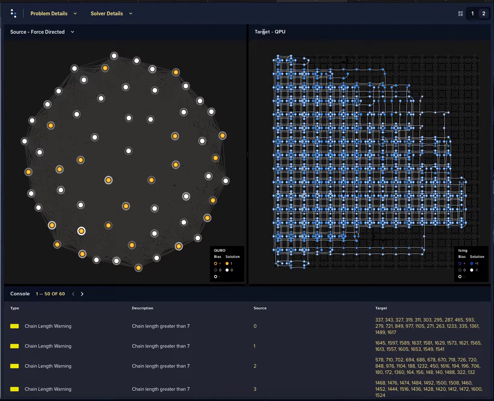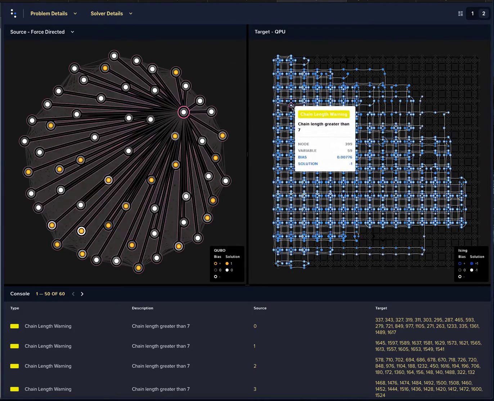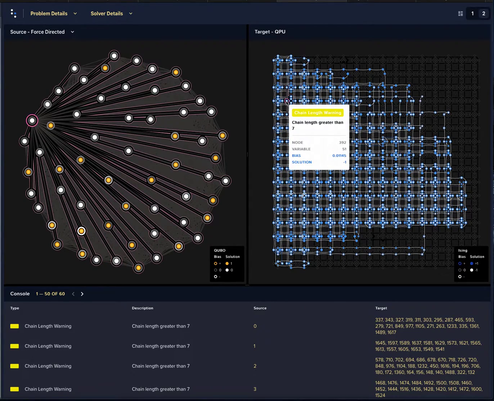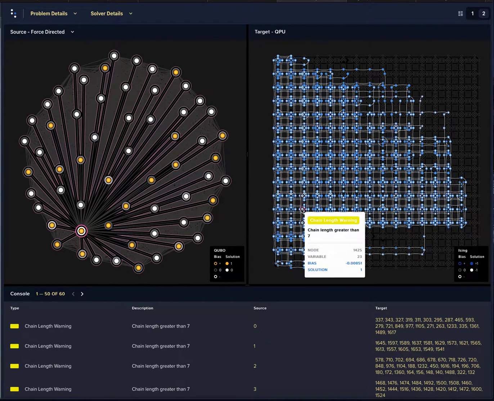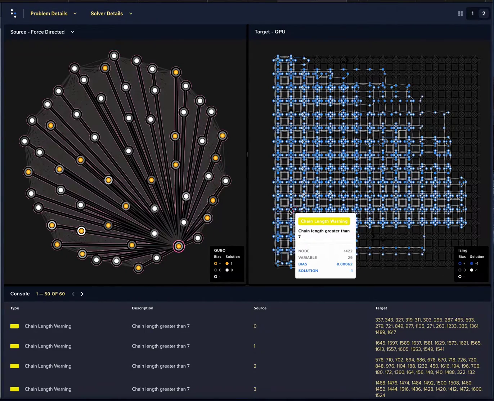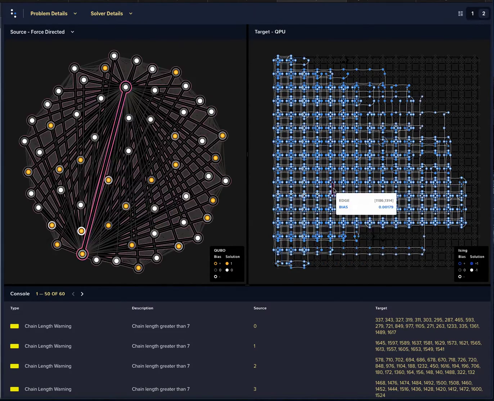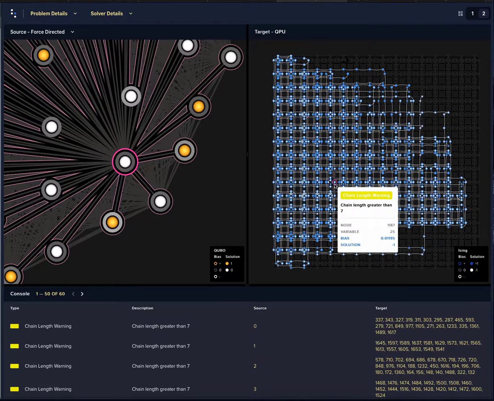So let's take a look at the target QPU, quantum processing unit. In order to map a qubit, you have to map not only the qubit, but the connections between the qubits. Let's find one that doesn't have a chain length too great, like this one right here.